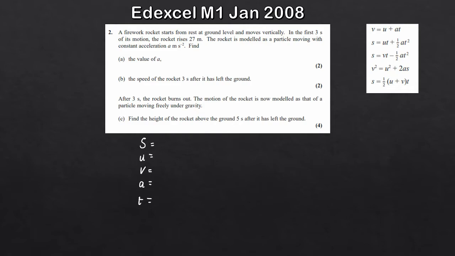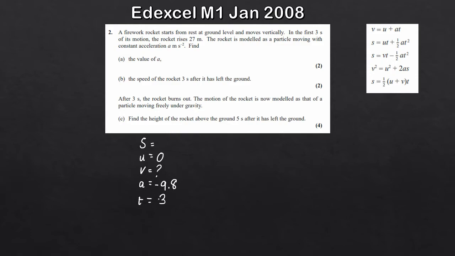We don't have anything for S, so we're just going to leave that for now. We know it's starting from rest, so it's 0 for our initial velocity. V is what we want to find, our final velocity, 3 seconds after it's left the ground, so we put a question mark there. We know A, that's minus 9.8, and we also know T, that's 3 seconds.